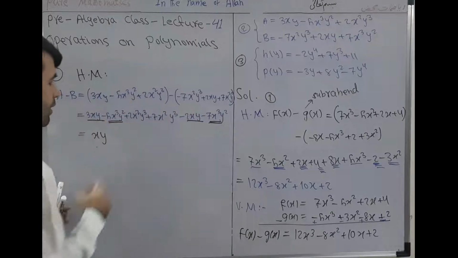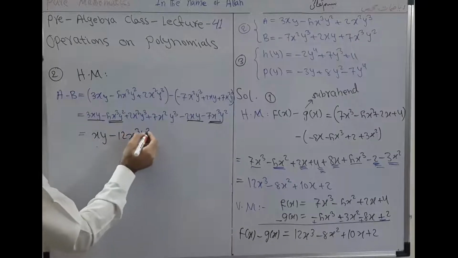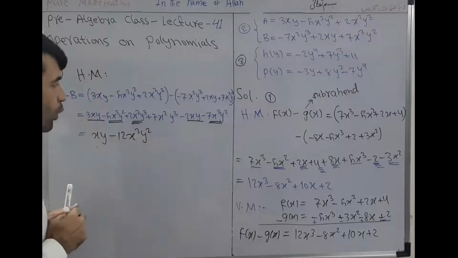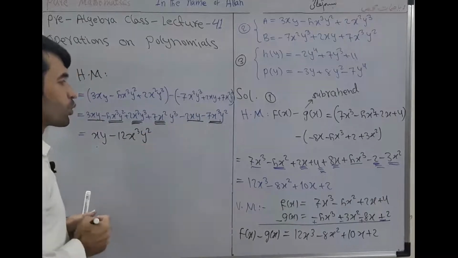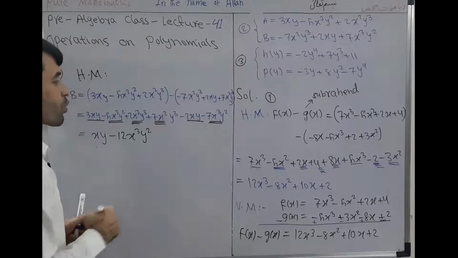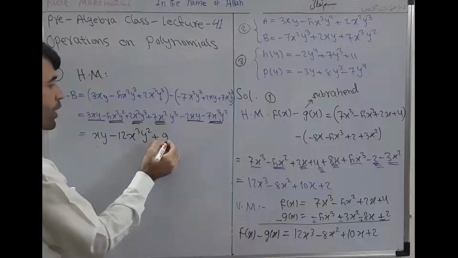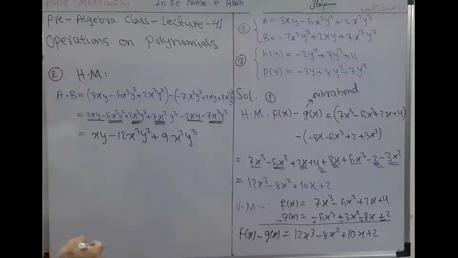Minus 5 minus 7, minus 12x cubed y squared. Here we have 2x squared y cubed. Here we have 7x squared y cubed. Then we get plus 9x squared y cubed. It was the horizontal method.